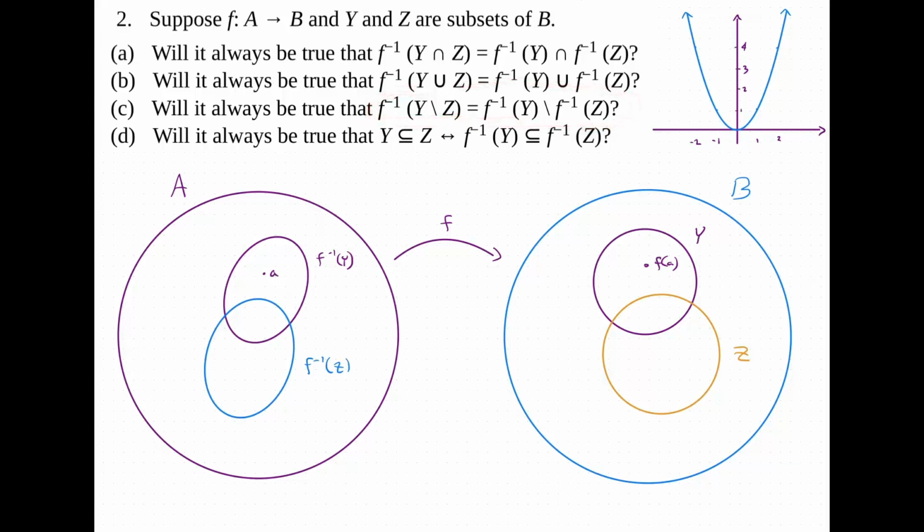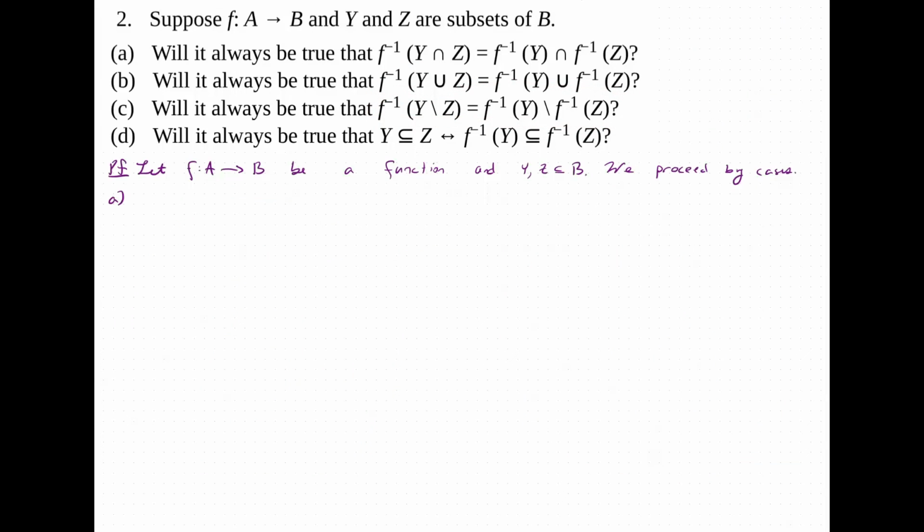So let's go ahead and formally prove this. From the argument I gave earlier, part A is true by the definitions. So let us go ahead and do that. Actually, let me just write it like this.